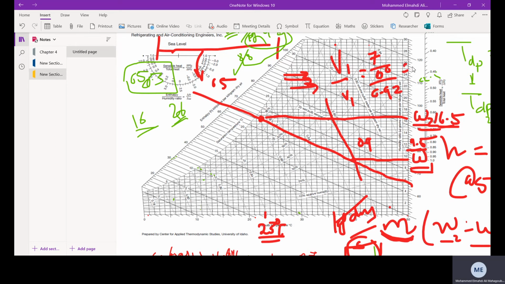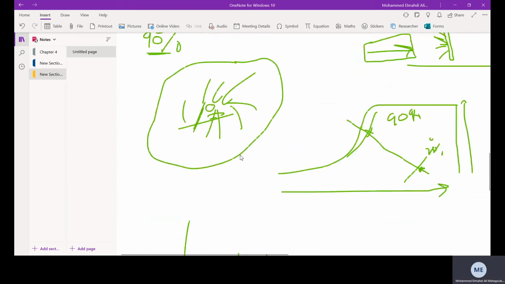So 7 over 60, divided by 0.92. So this one is 0.127 kilograms per second, of course kilograms of dry air.